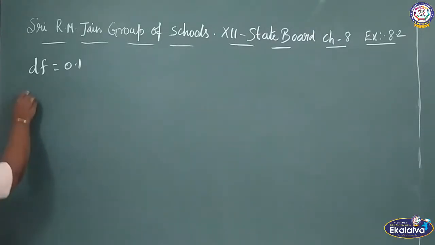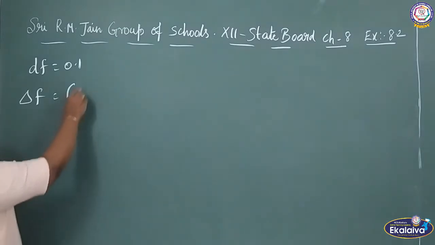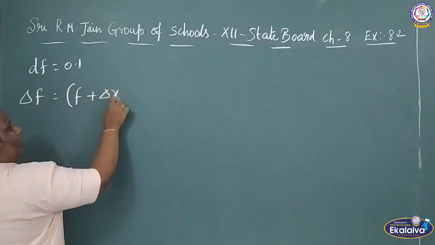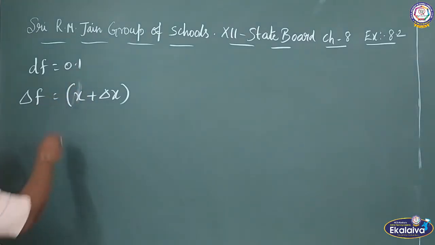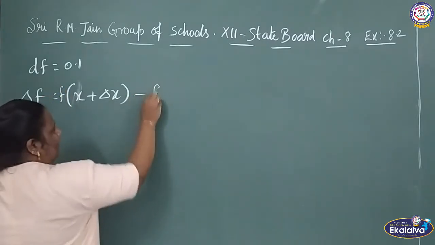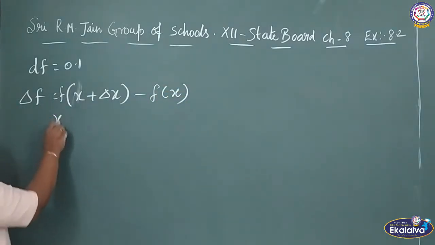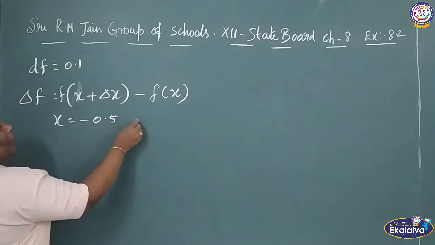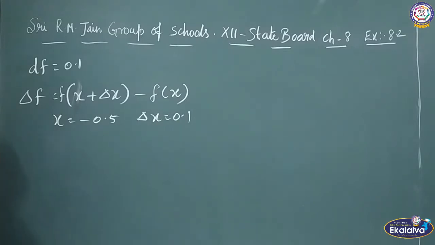See next, delta f equal to f of x plus delta x minus f of x. What is x value? X value equal to minus 0.5, delta x equal to 0.1.